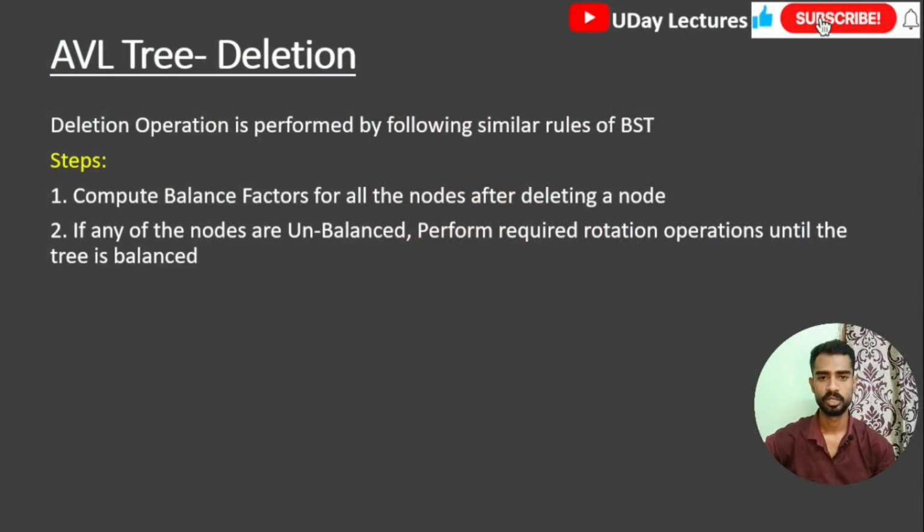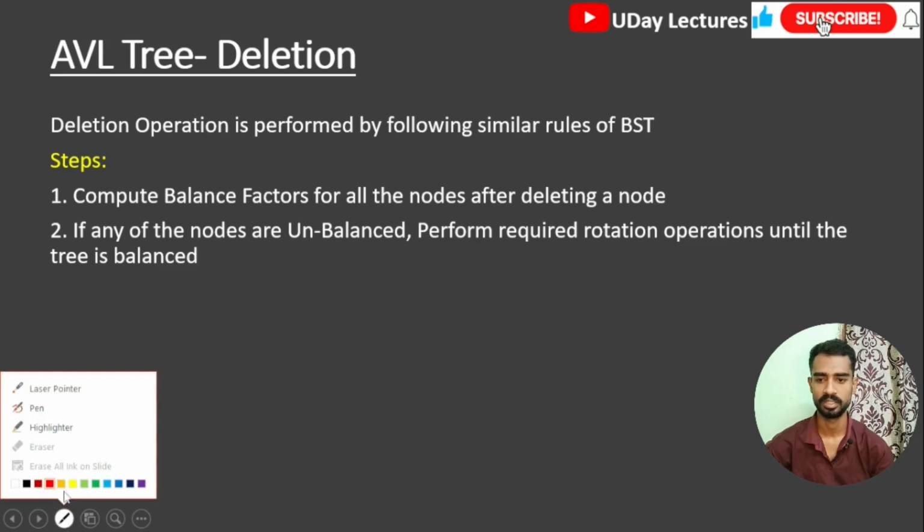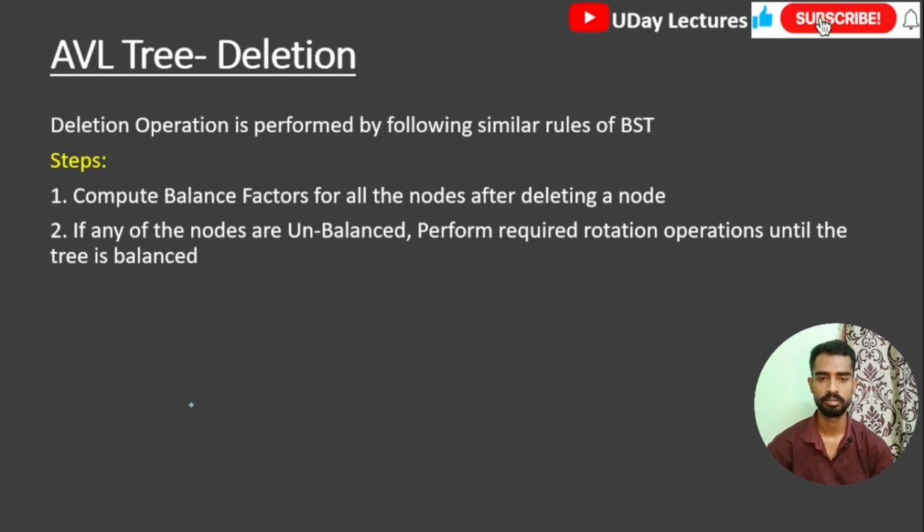AVL tree deletion operation works like this. The deletion operation is performed similar to the rules of binary search tree, and that is why I said it is really important to understand binary search tree first before we dive into the AVL tree. To perform a deletion operation in AVL tree, there are different scenarios. We can delete a leaf node directly without making any rotations or swapping operations.